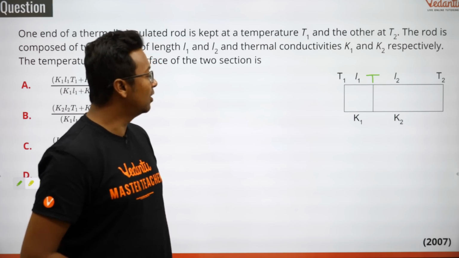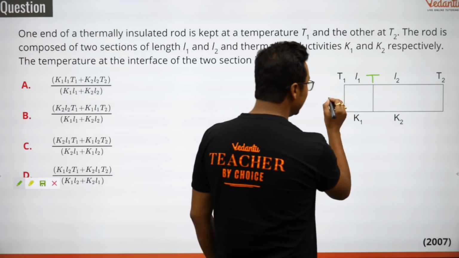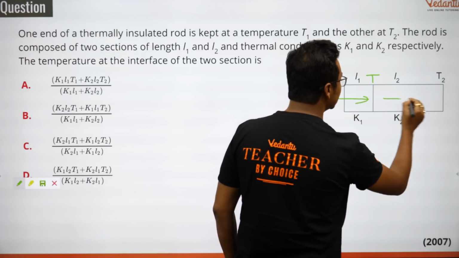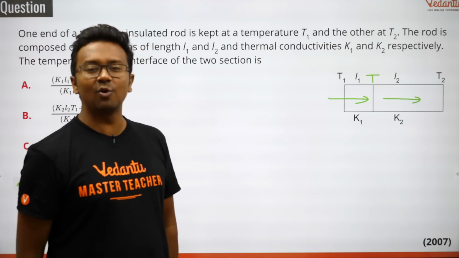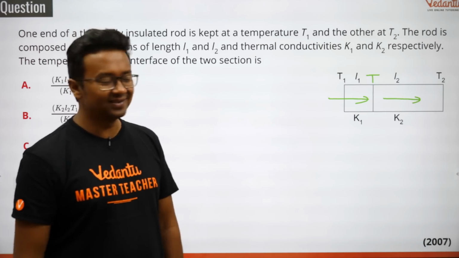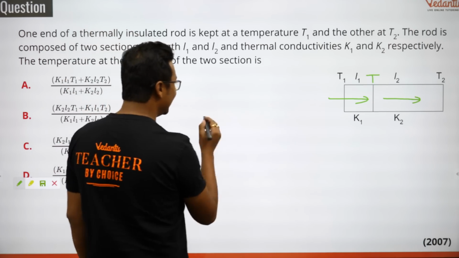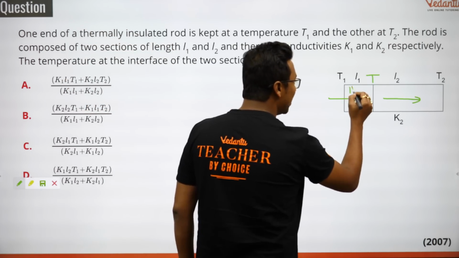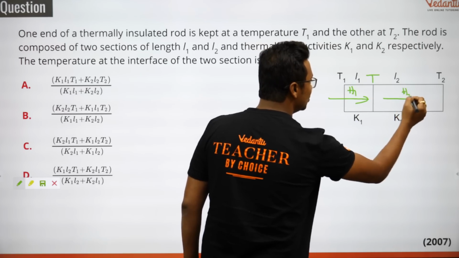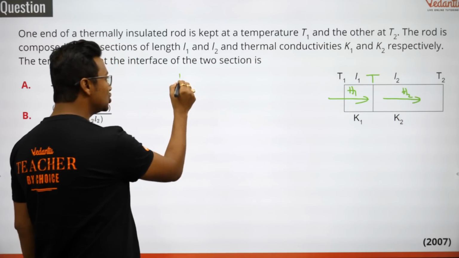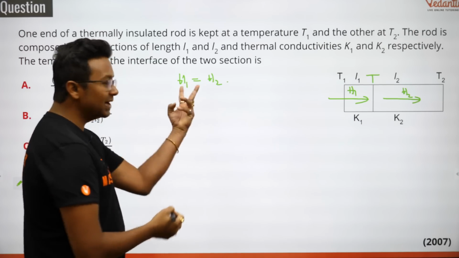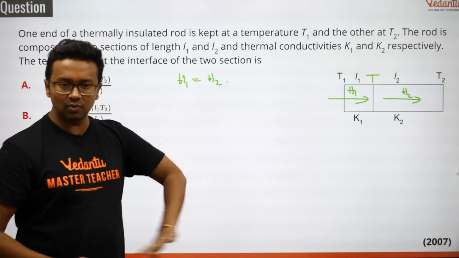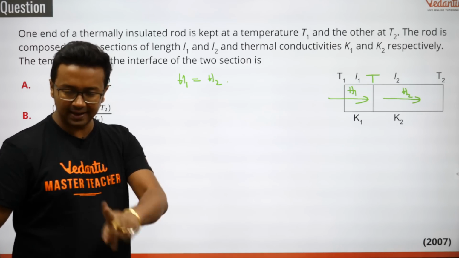Clear? Now we know whatever heat current is flowing through this is going to pass through this. All that you are already aware of. Day after tomorrow is the exam. So let's say this is H1 and this is H2. We know for sure that H1 is equal to H2. Now when I write down the equation, I will be able to figure out the answer in one go. Let's see it.